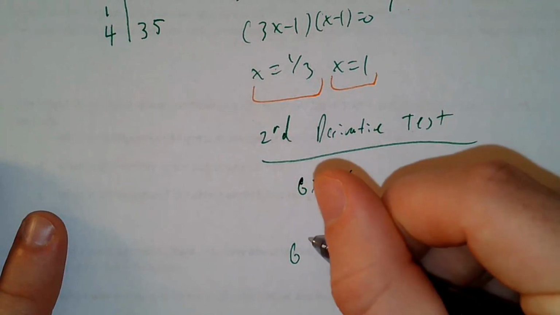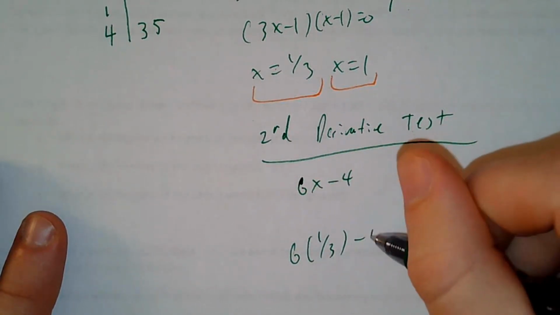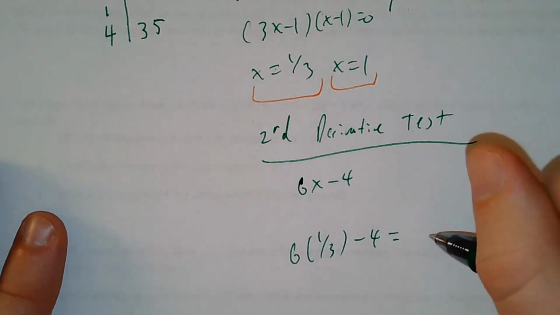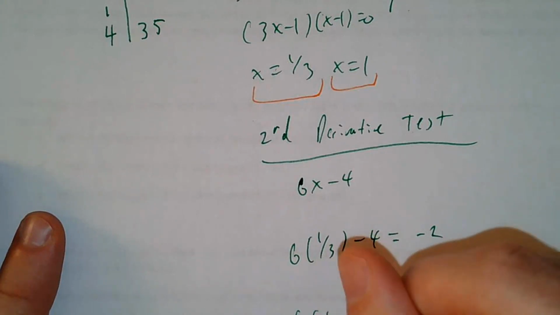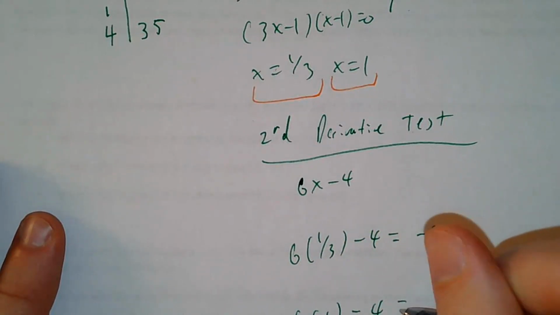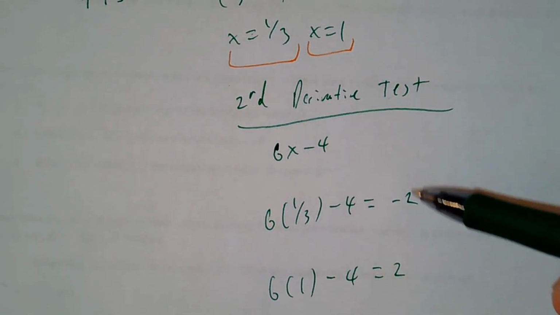So let's do that. 6 times 1/3 minus 4 is negative 2. And then 6 times 1 minus 4 equals 2. The point of doing this is we get to see concavity.